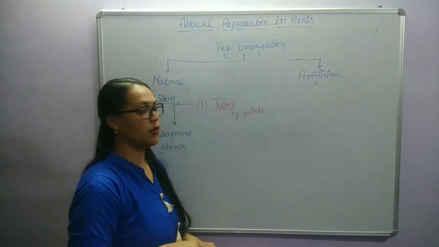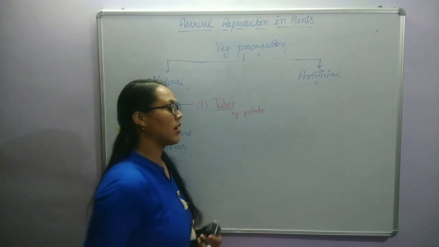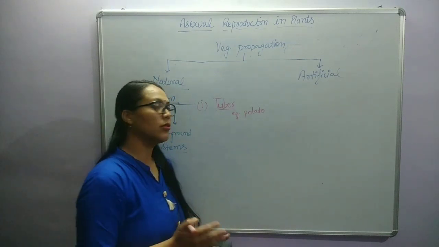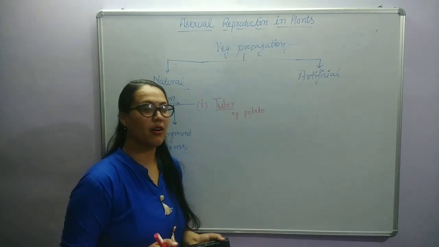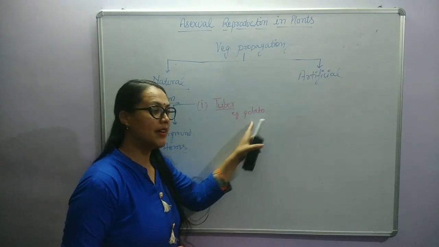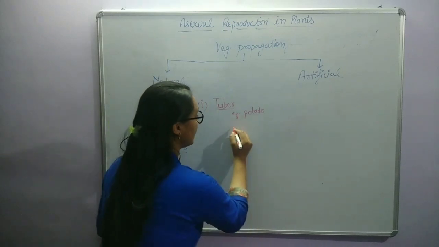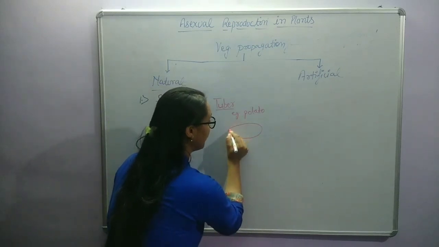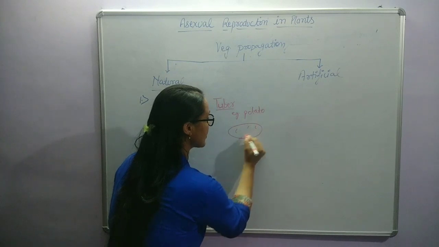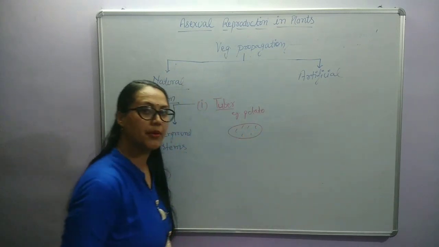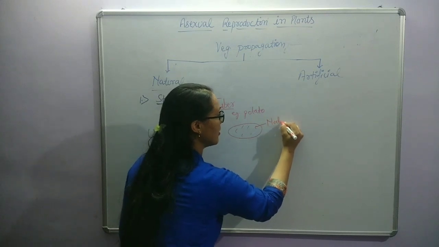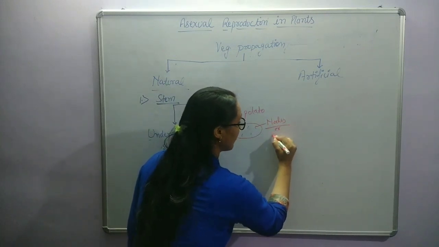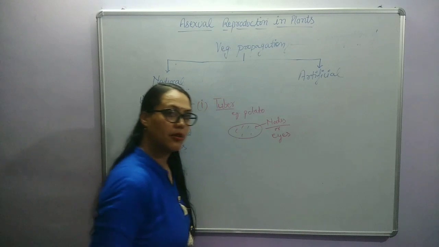In case of potato, you must have seen that when potato is sown or grown, you have rarely seen a potato seed. They are propagated vegetatively. When you see a potato, you see various scars on the surface of the potato. These scars represent the nodes, or simply these are called the eyes of the potato.